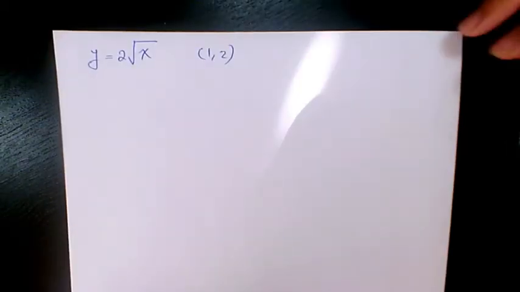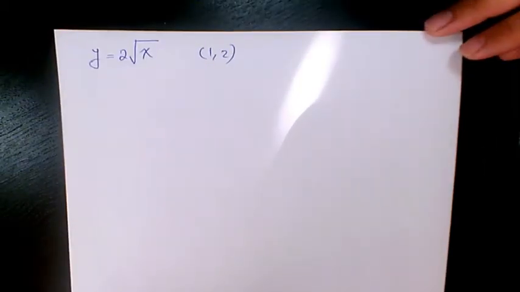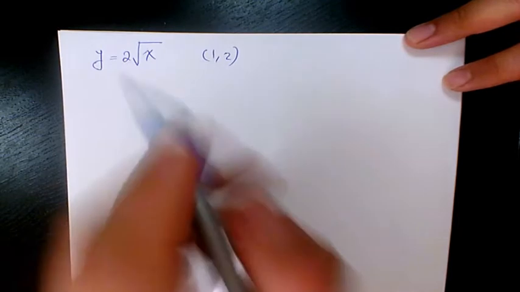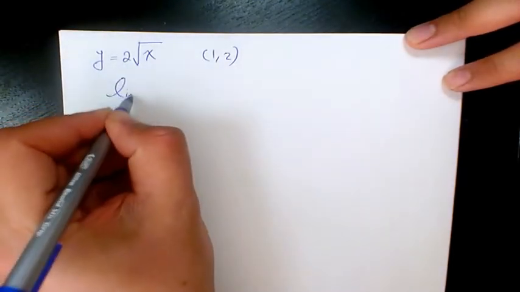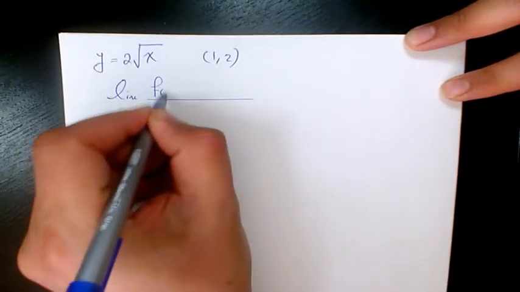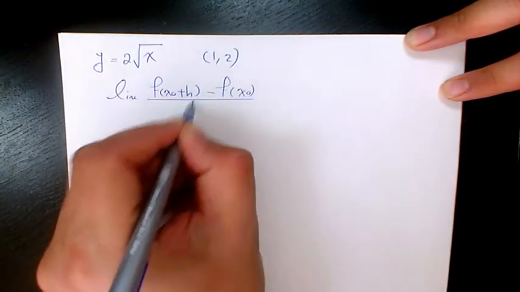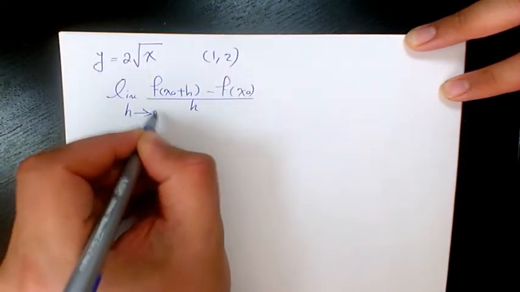Next example, we need to do the same thing: find the equation for the tangent to the curve at the given point. So this is the function and this is the point. Again, we need to use the limit of f of x naught plus h minus f of x naught divided by h when h approaches 0.